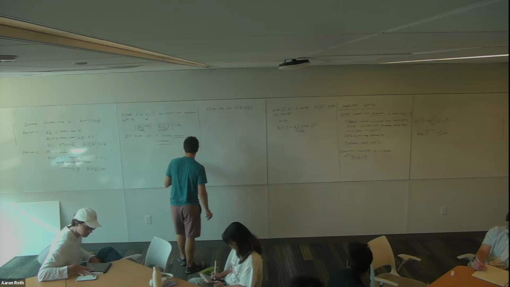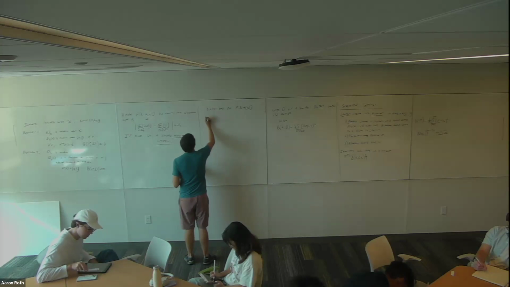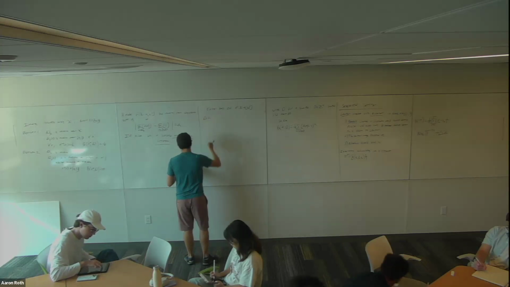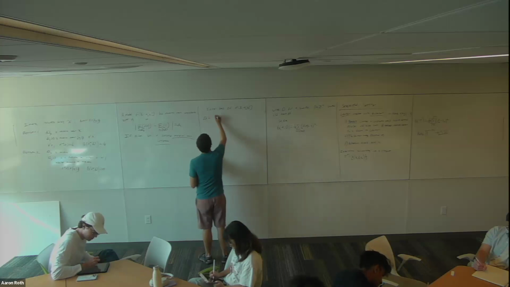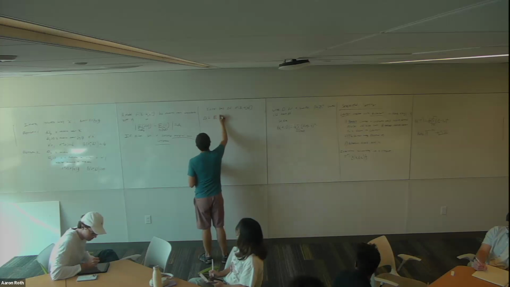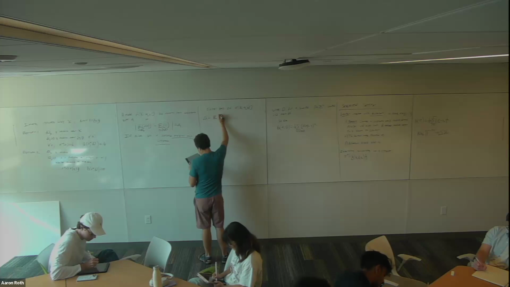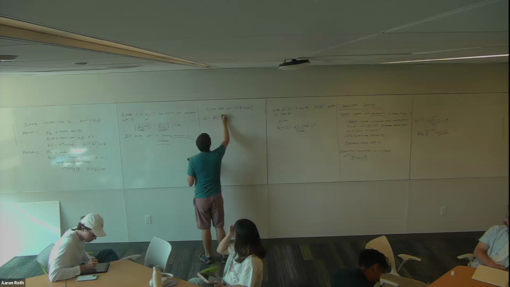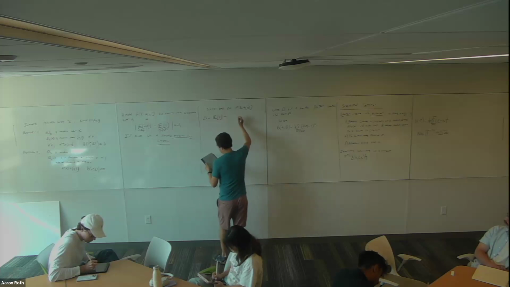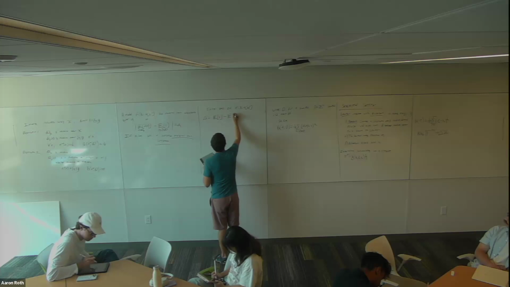Let's say that delta, I'll write down delta as the bias of the model. So delta is the difference between the expectation of y and the expectation of f of x.